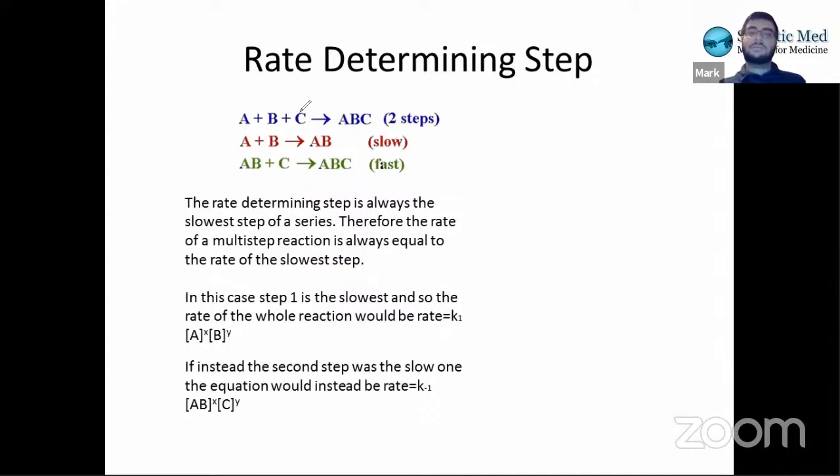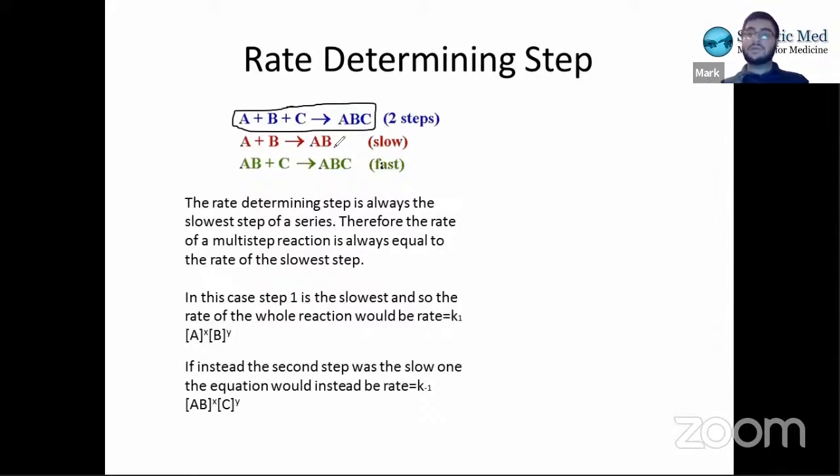Rate determining step is what happens when there's a reaction that has multiple steps, right? So we may write A plus B plus C equals ABC. This may be how we write a reaction overall. However, most reactions don't happen in one step, especially complex ones. Like the one I showed you earlier of glucose plus O2 going into CO2 plus H2O.